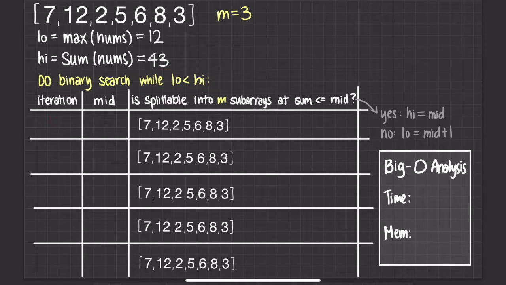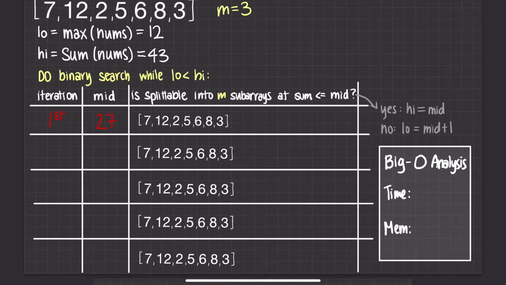In our first iteration, our mid value would be the middle point between 12 and 43, floored, which would be 27. Taking this mid, we're going to see if nums is splittable into m subarrays, so 3 subarrays, with the sum of each one being less than or equal to the mid's bound.